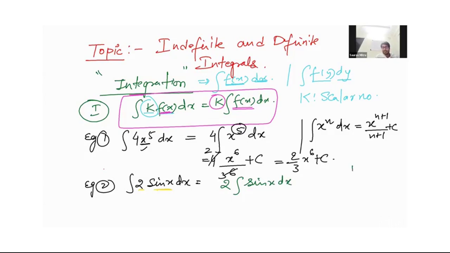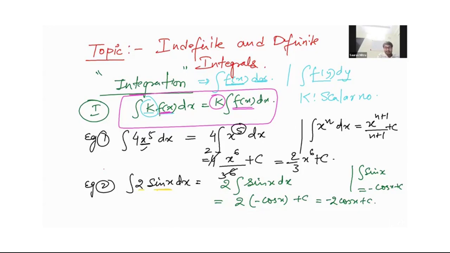We should know the integration of sin x. What is the integration of sin x? Minus cos x plus c. So the integration here will be twice minus cos x plus c. You will get your answer: minus twice cos x plus c. In this way we have to do the scalar function integration.